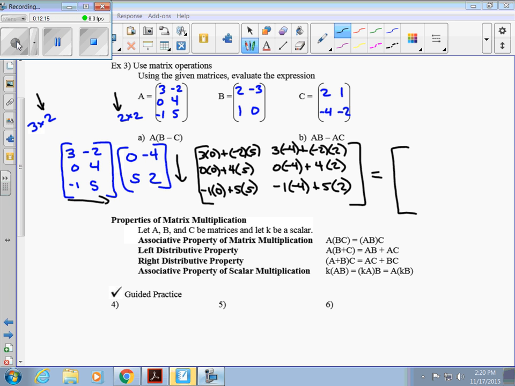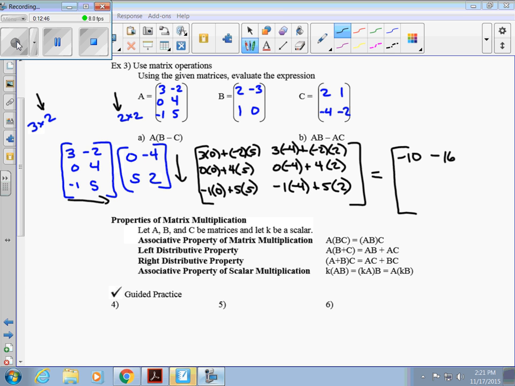And so if we do that, we're going to have 3 and negative 10, which is negative 7. Oh, actually, 0. Sorry, 3 times 0 is 0. And negative 10 is negative 10. We're going to have negative 12 and a negative 4. So that's going to be negative 16.